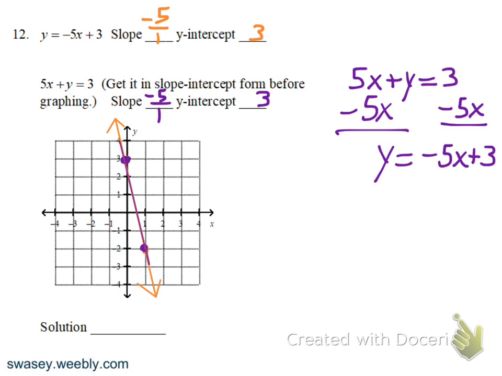They're right on top of each other. So we have infinitely many solutions, or you can write IMS for short. We can't count all the solutions. All the points on one line are on the other.